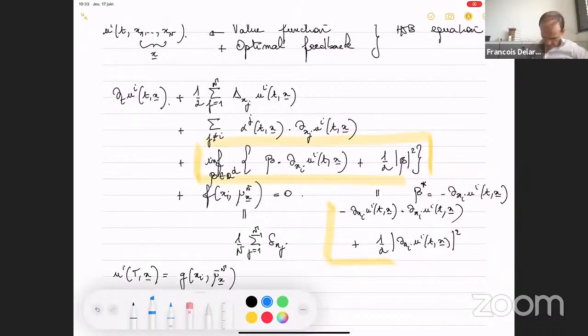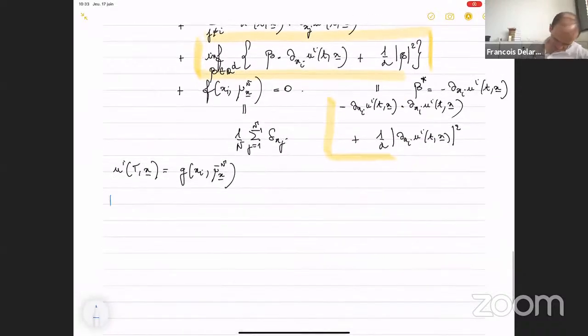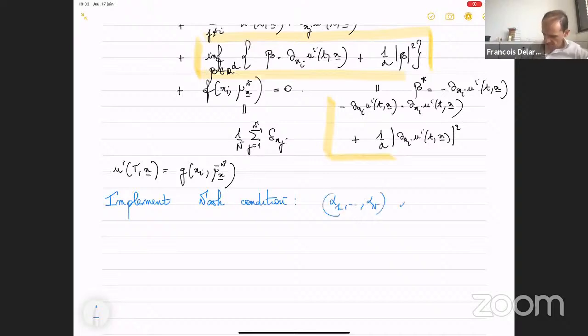So you implement the Nash condition. And so you have that a tuple of Markov strategies is an equilibrium if the best response matches the equilibrium itself.